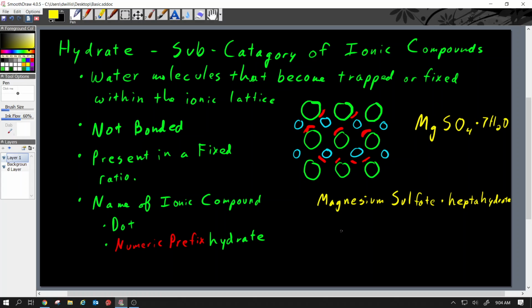Now, what if I took this and gently warmed it? If I gently heated this magnesium sulfate heptahydrate, what would happen? Yeah, all these waters would evaporate away. They would all get heated and warmed out of the ionic crystal lattice. And so at that point, it would be what we call anhydrous.